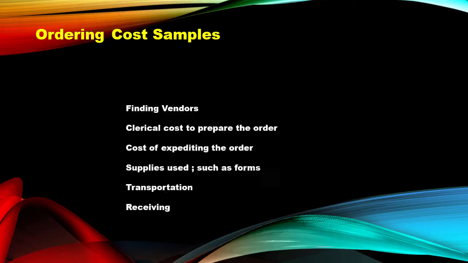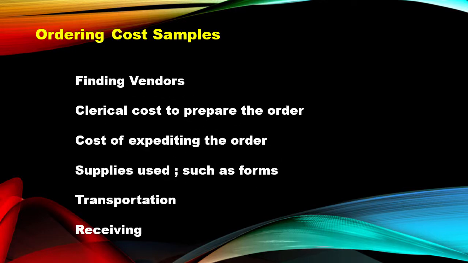And let me give you some samples for each cost model. For the first one, the ordering cost, we have finding vendors, clerical cost to prepare the order, cost of expediting the order, supply issues such as forms, transportation, and receiving.